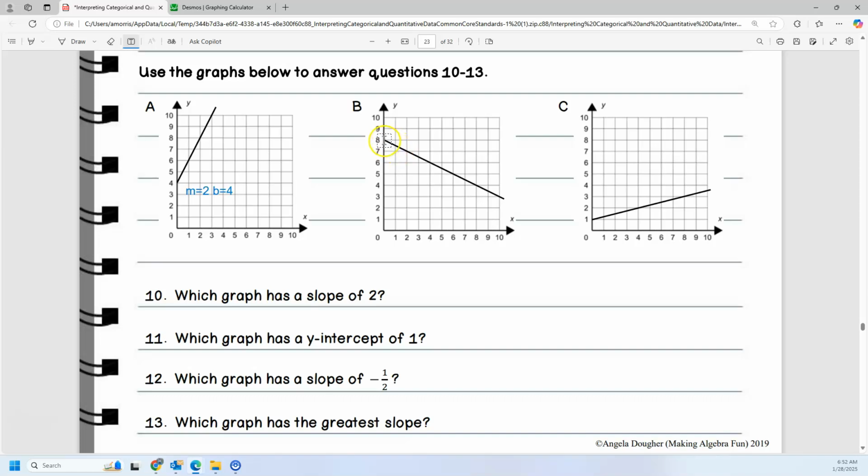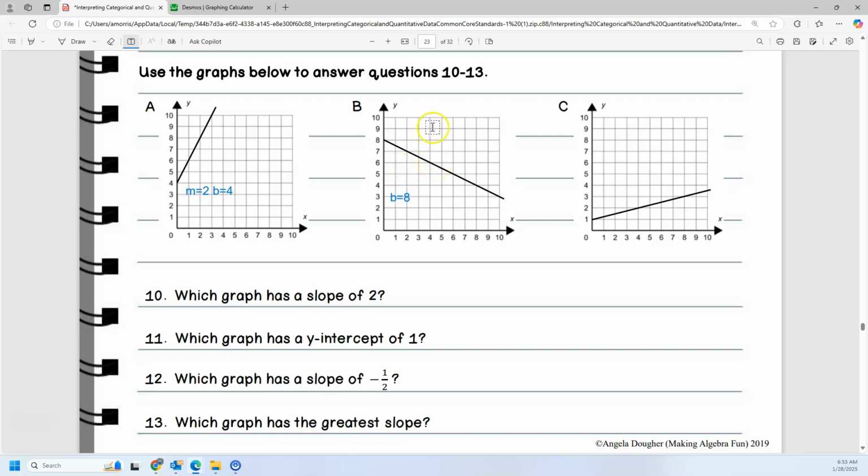Now this one, if I look at it from left to right, it's going down, okay? The y-intercept is 8. B equals 8, okay? And then the slope is going down 1, 2 over 1, 2, 3, 4.